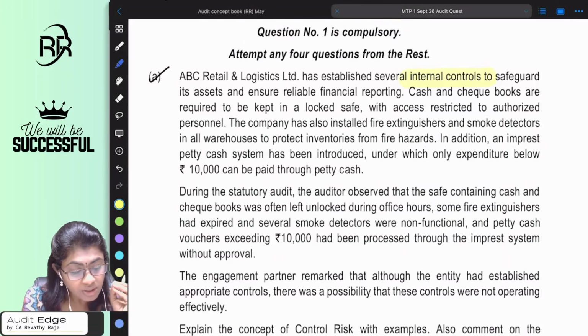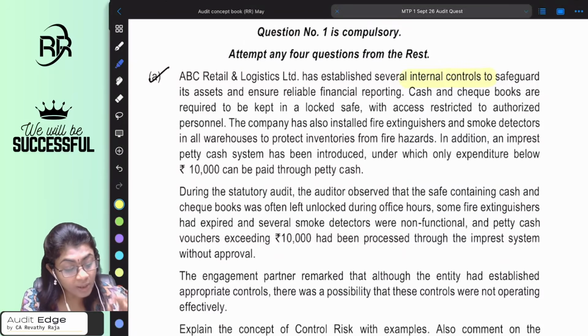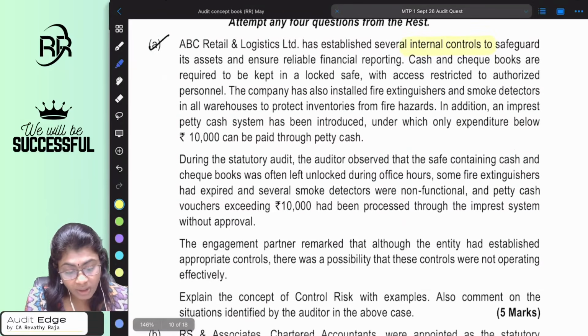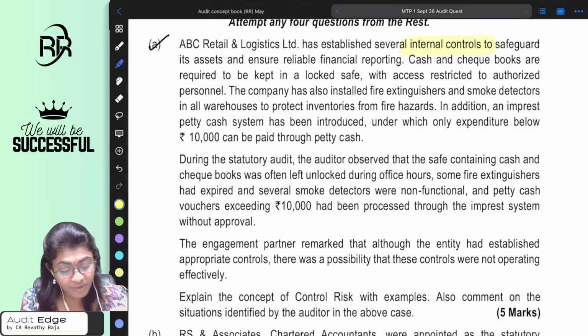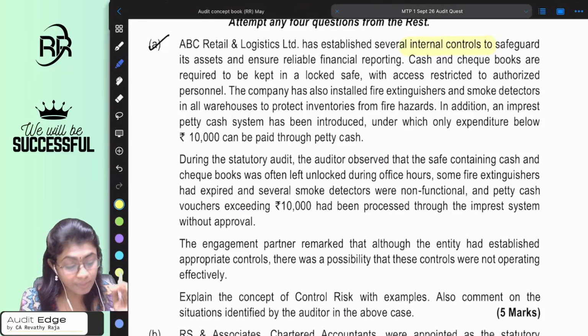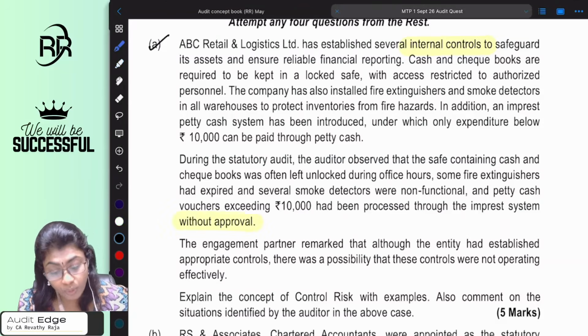In addition, an imprest petty cash system has been introduced, under which only expenditure below 10,000 can be paid through the petty cash. During the audit, the auditor observed that safe containing the cash and checkbook has been often left unlocked during the hours. Some fire extinguishers have expired. Several smoke detectors were non-functional. Petty cash vouchers exceeding 10,000 were processed through imprest system without approval.